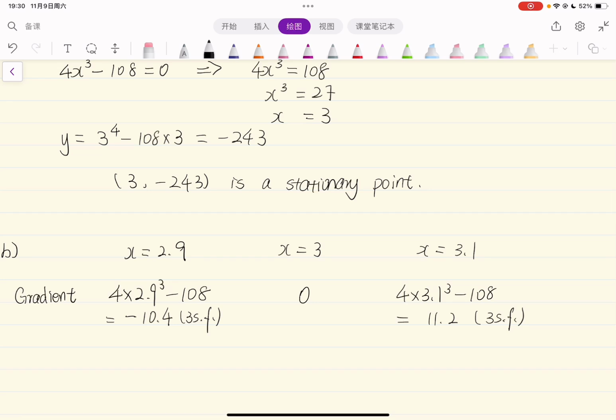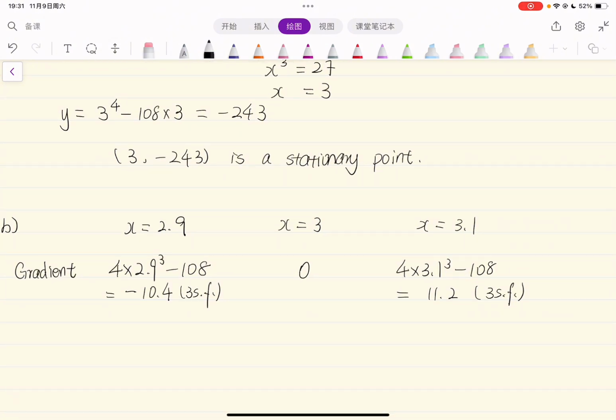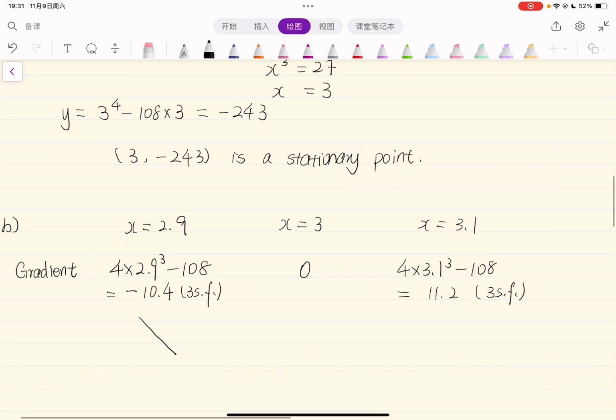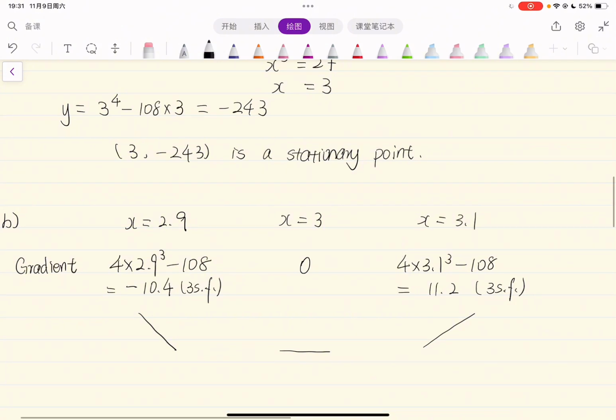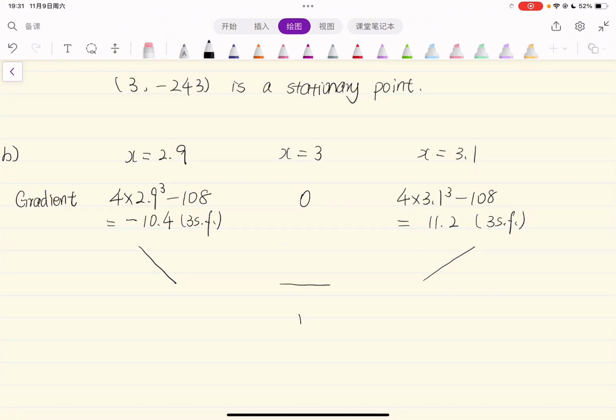So the point with x coordinate 2.9 has a negative gradient. At the stationary point, the gradient is 0. And if x equals 3.1, the gradient of this point is positive. So we can see that this is a local minimum point.